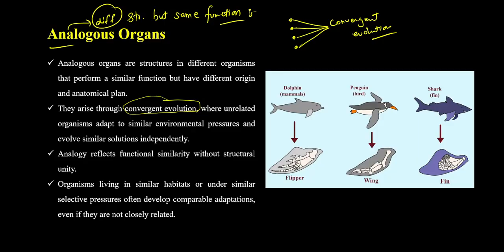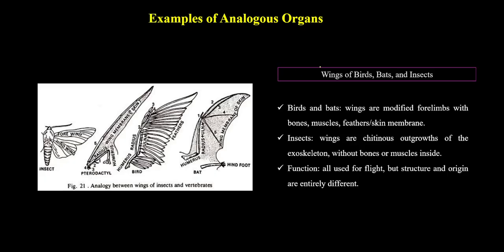For example, the wings of birds, bats and insects, okay, they are structurally different but functionally same. Birds also use wings to fly, bats also fly, insects like butterflies also use wings to fly, but the structure is different.